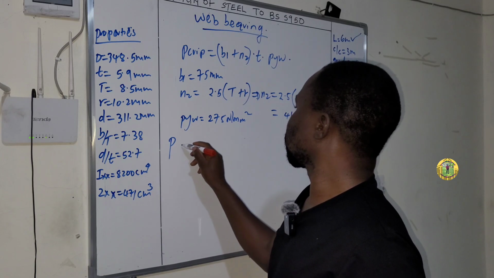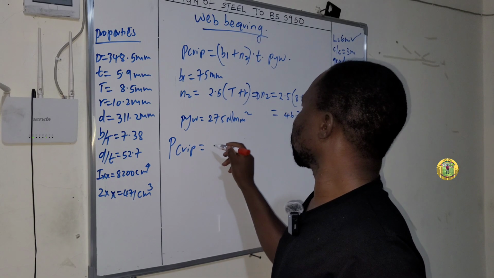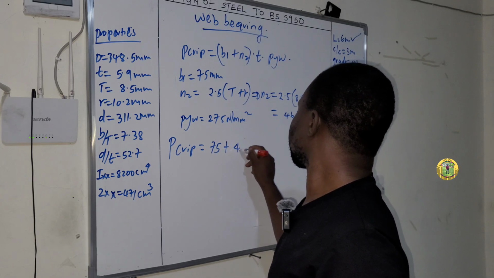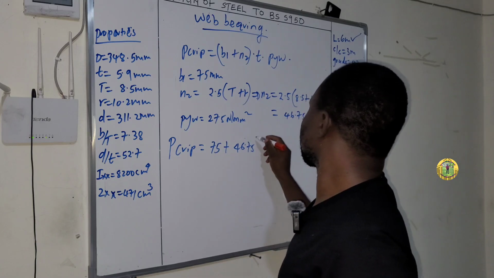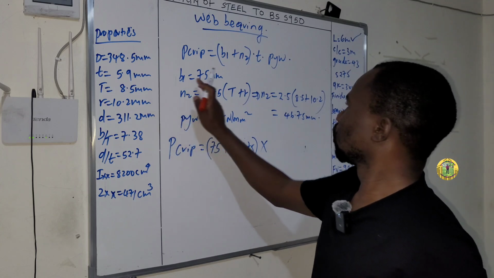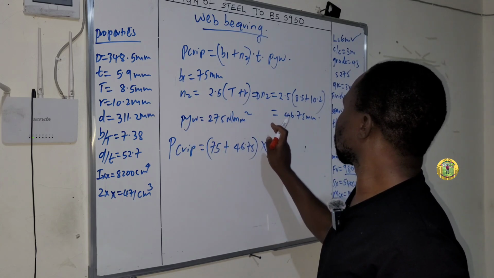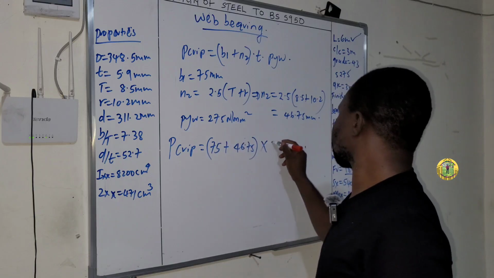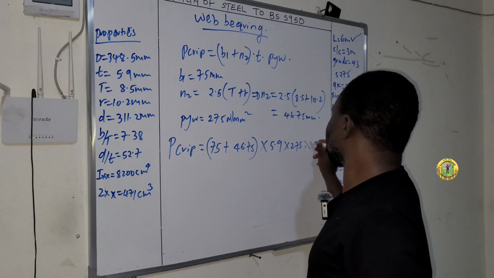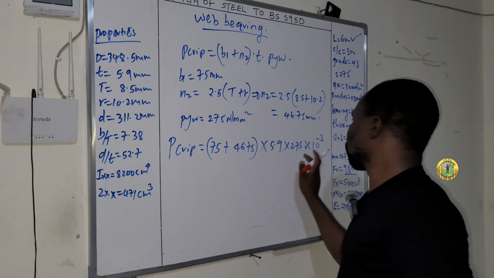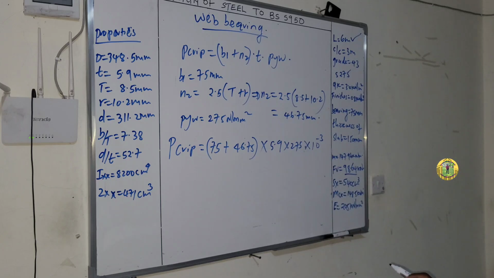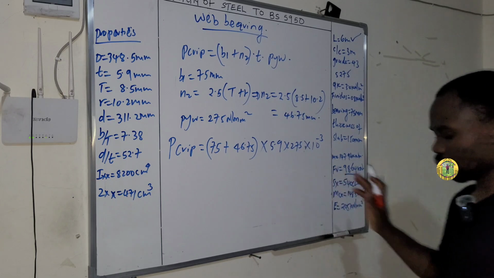So the web bearing resistance is given by B1, 75, plus N2, 46.75, times small t, which is 5.9, then times 275 times 10 raised to the power of negative 3. This 10 raised to the power of negative 3 enables your answer to be in kilonewton.